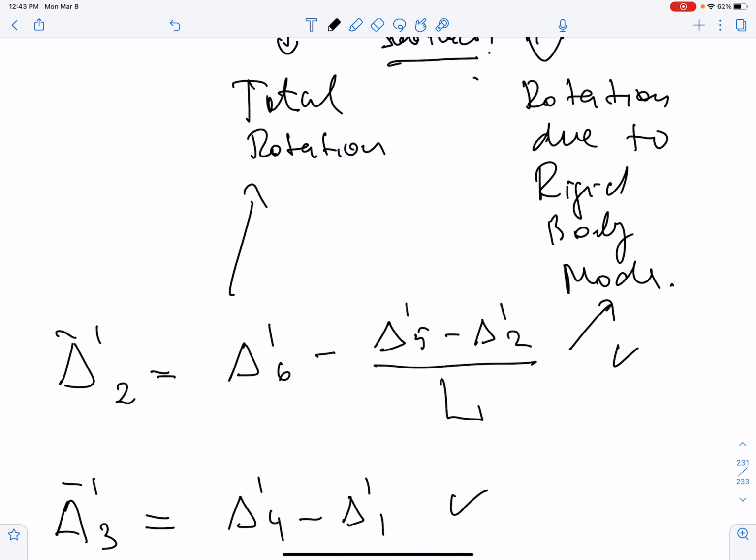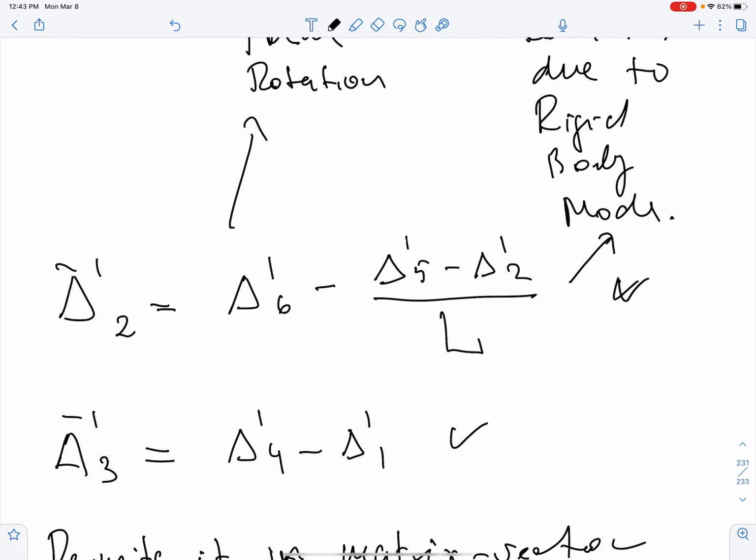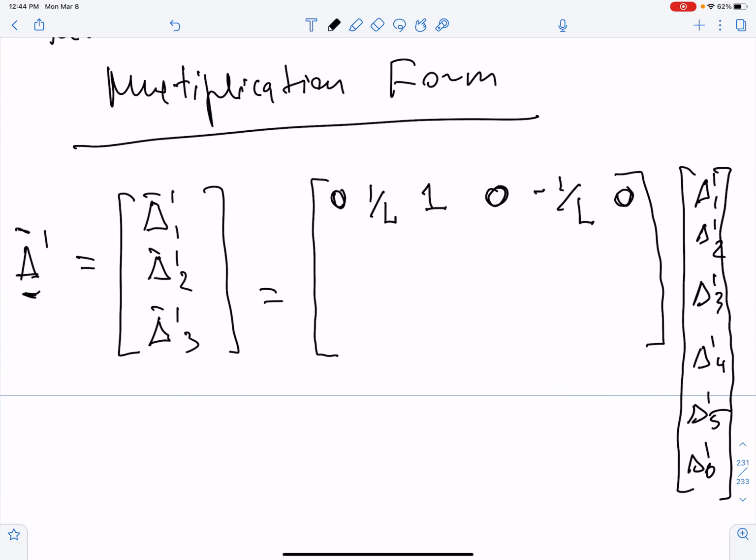So this matrix vector multiply exactly represents this relationship here. Next, you repeat for delta prime 2. And you see that the entries of the matrix become 0, 1 over L, 0, 0, minus 1 over L, and 1.